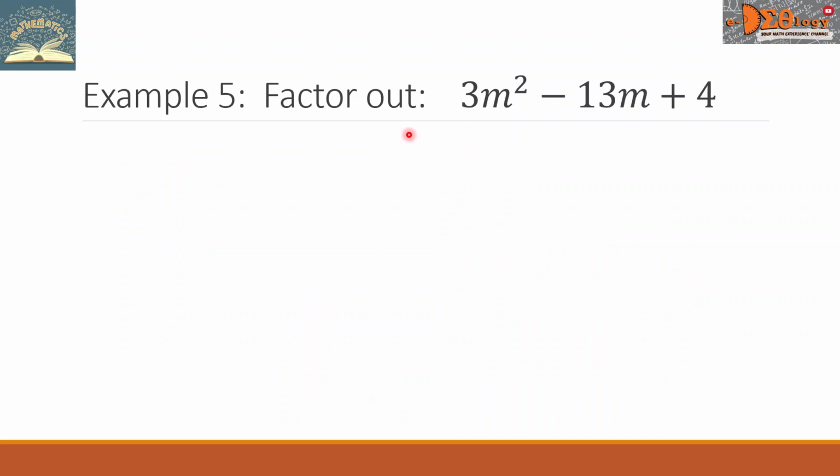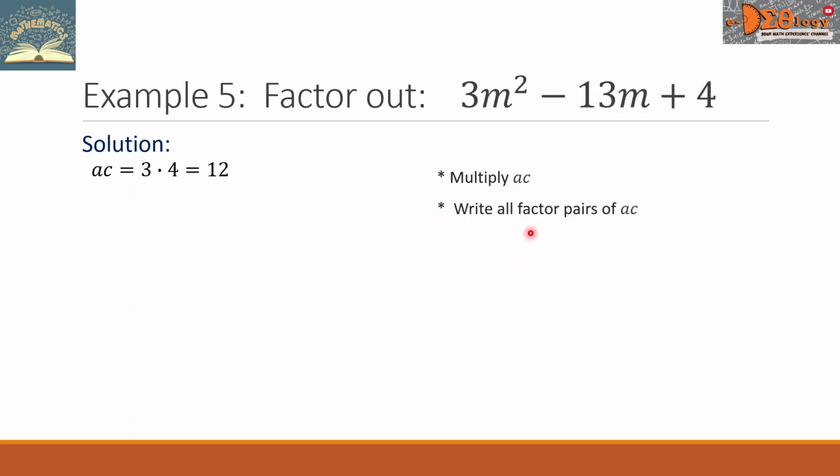Example 5. Factor out 3m squared minus 13m plus 4. Let us multiply AC. A is 3 and C is 4. So we have AC equals 3 times 4 equals 12. Then we write all factor pairs of AC.